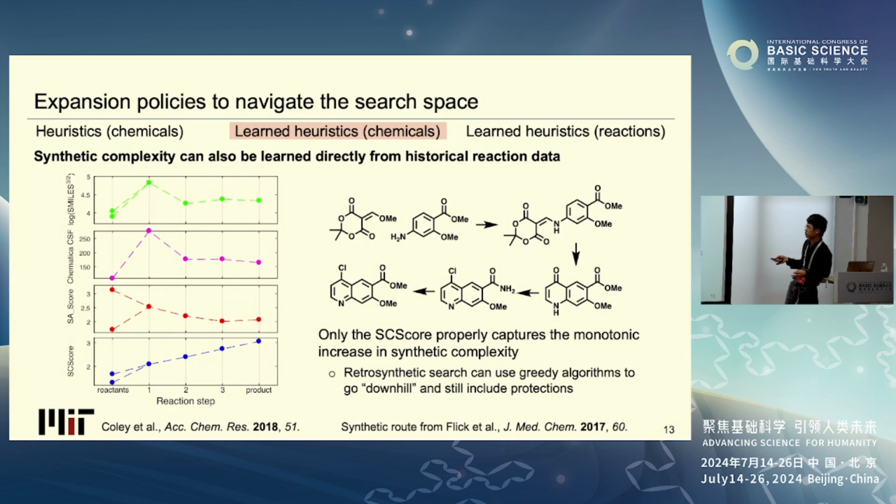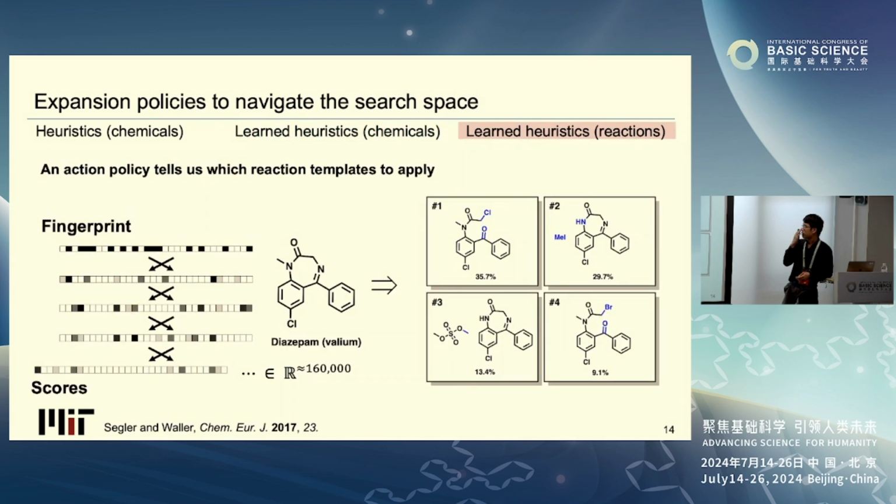They think the molecular complexity is decreasing from the reactant to the product, but the learned heuristics more correctly recognize that through these synthetic steps, we're actually building up complexity in the molecules. So that's how we prioritize different molecules.